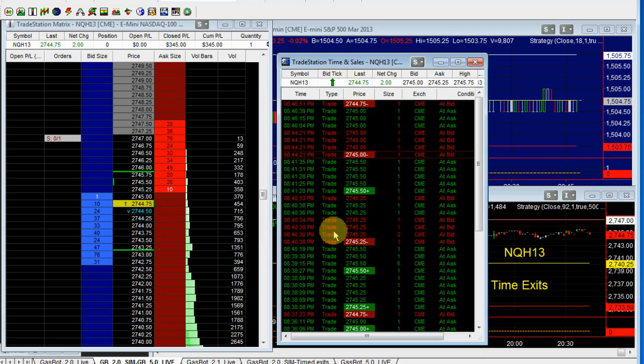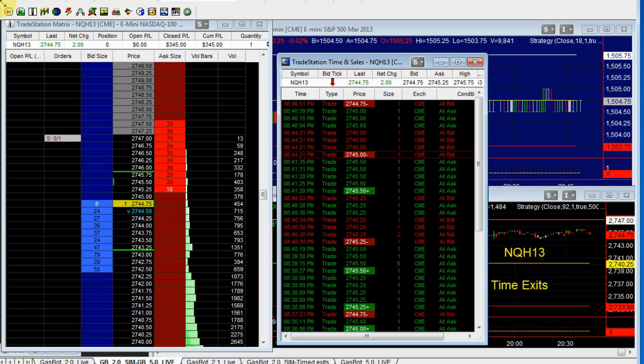Alright, so this time and sales correlates with this yellow bar. So right now our last trade is still that same 27.44.75. To the left of that is what they call the bid size. These are people bidding either to cover a short or bidding to initiate a long position. And right now there's 6.